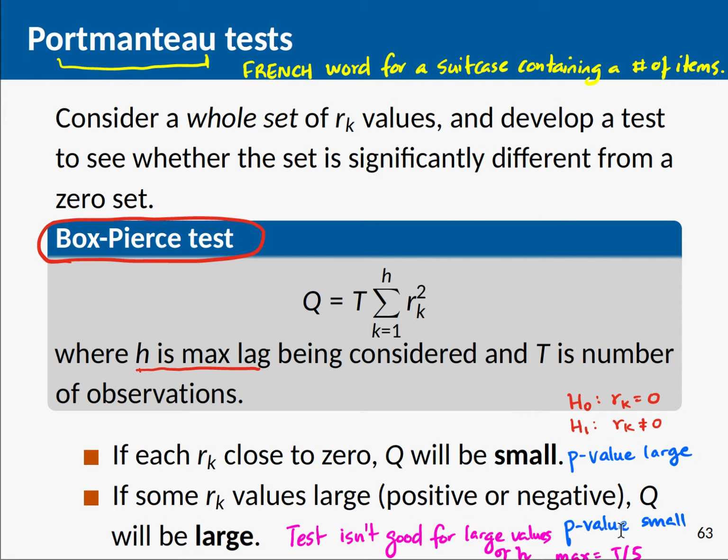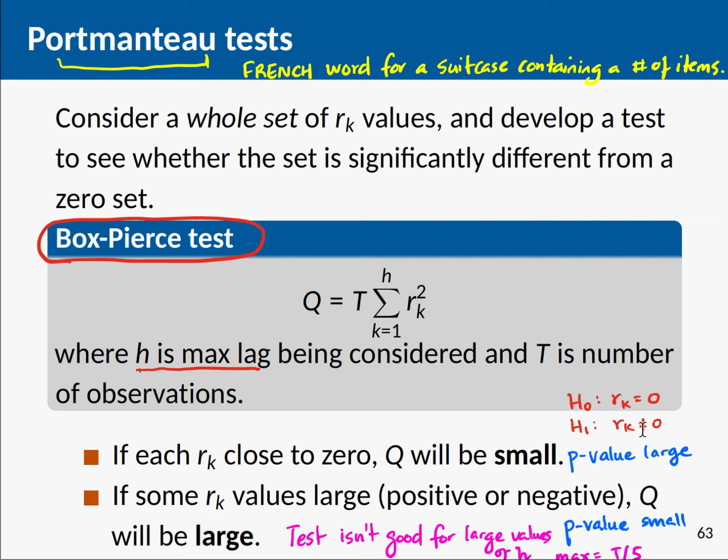And if the p-value is very small, that's bad news for us, because then we would reject the null hypothesis that r_k is 0. That means r_k is not 0. If p-values are small, this is telling us that we're leaning towards autocorrelations not being equal to 0. So this is how we would conduct this test, and interpret p-values.